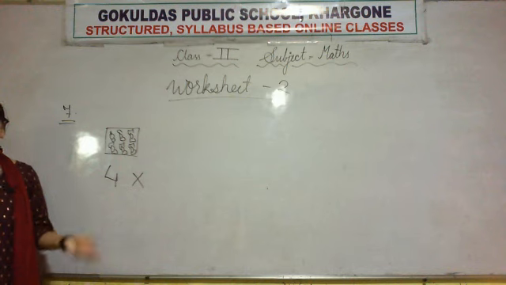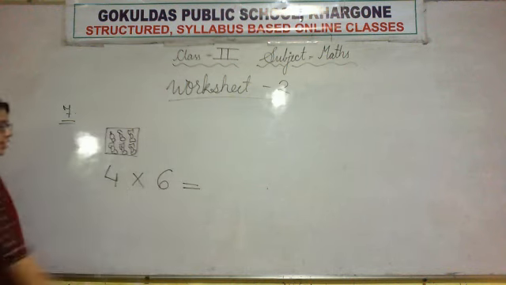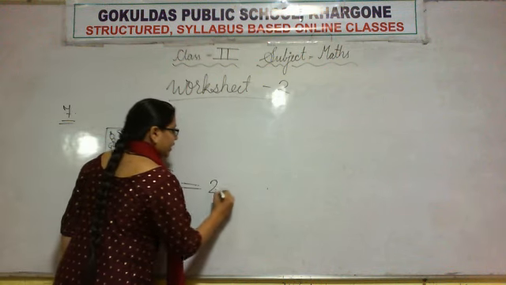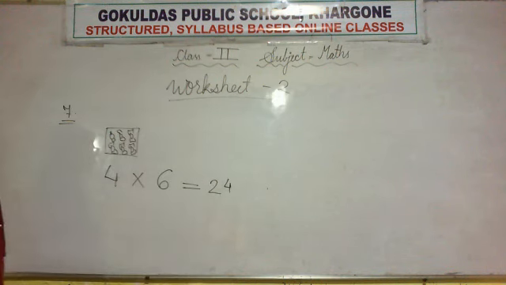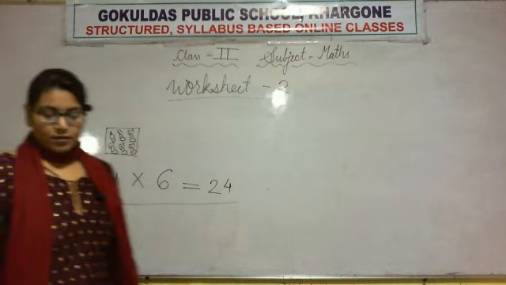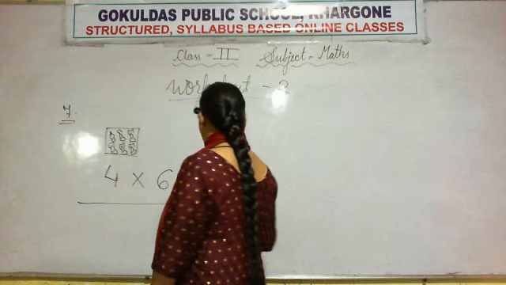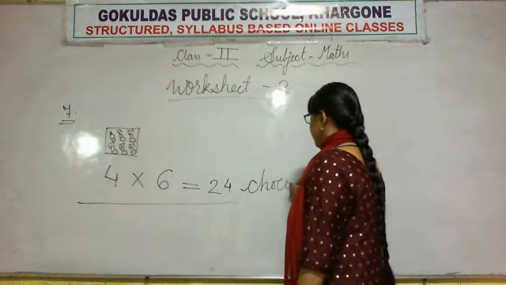So 4 times number 6 or 6 chocolates. So 4 6s or 6 4s are 24. So it means there will be 24 chocolates in 4 boxes. So we can write 24 chocolates.